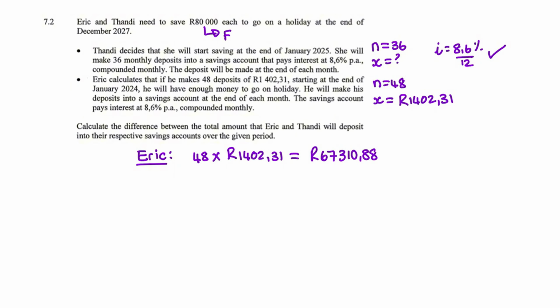Now for Thandi, we know that she would save 80,000 Rand. We know the end value, but we don't know the size of her deposits. So we first need to find the value of X and then multiply that answer by 36 to get her total payments in the same way as we did with Eric.